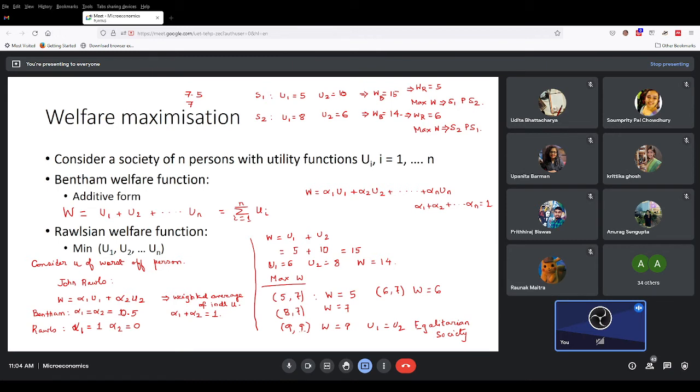Which of them is better? Sir, the Rawlsian one. Why? Sir, because it is the theory of the veil of ignorance.